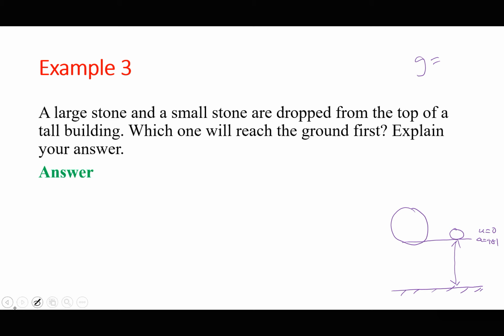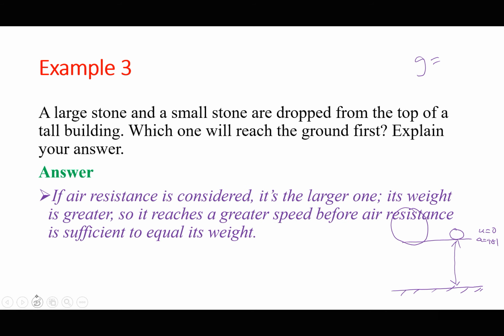So they will reach at the same time if air resistance is negligible. If air resistance is considered, it is the large one that arrives first. Its weight is greater, so it reaches a greater speed before air resistance is sufficient to equal its weight.